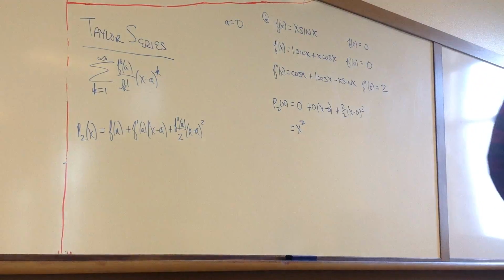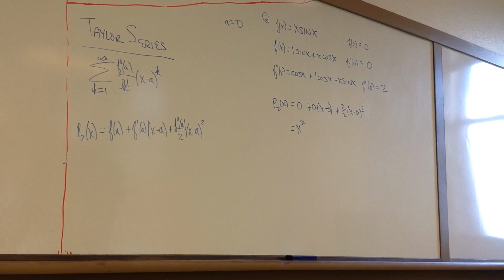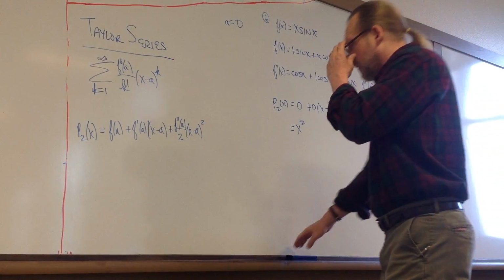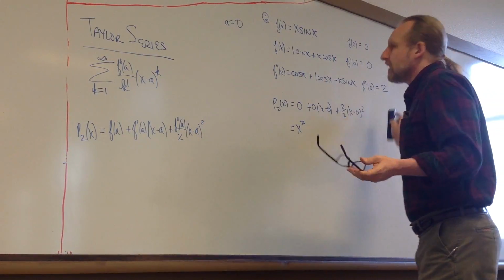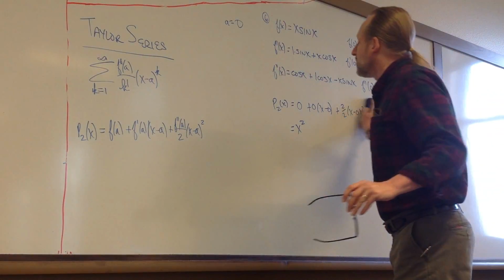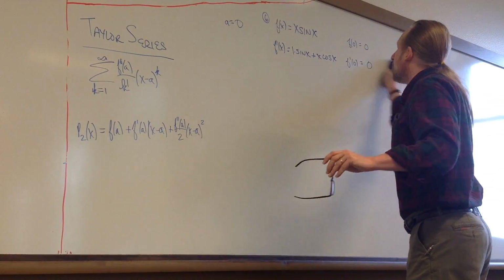All right, so that's it for those first 3 problems. Now on the bottom here, we want to find the quadratic approximating polynomial, and then use it to make an approximation, and then find the error by using our calculator to essentially get a better approximation. That's really all that's happening.